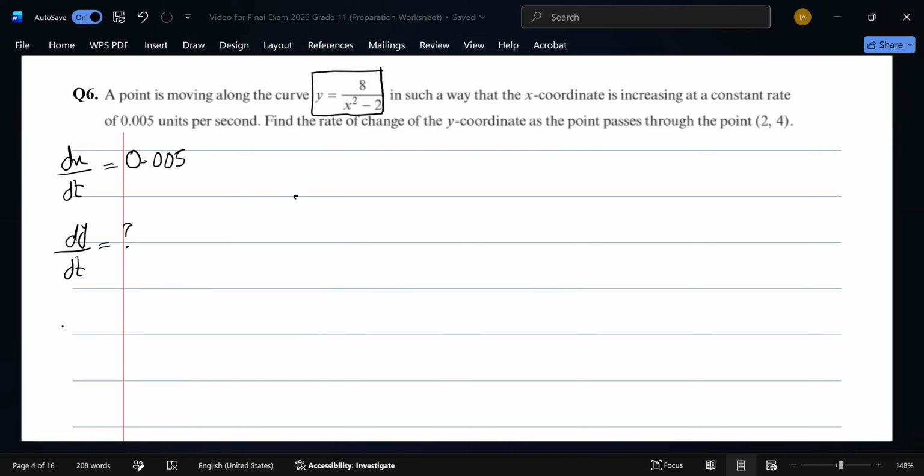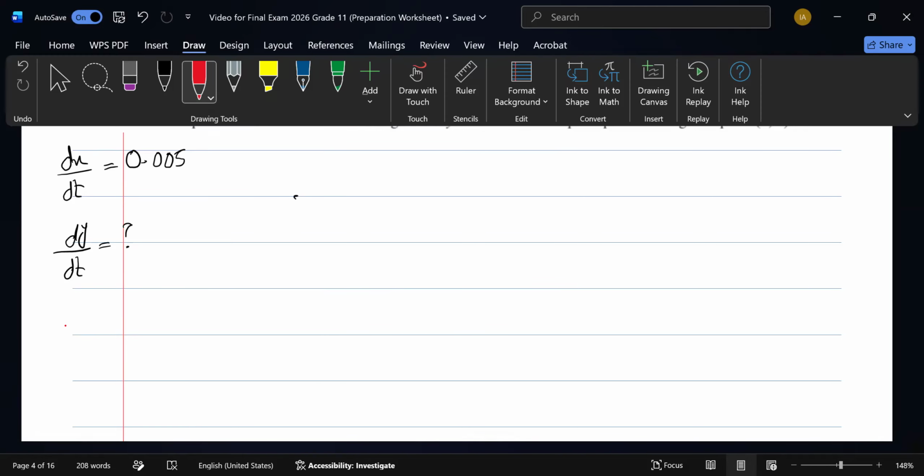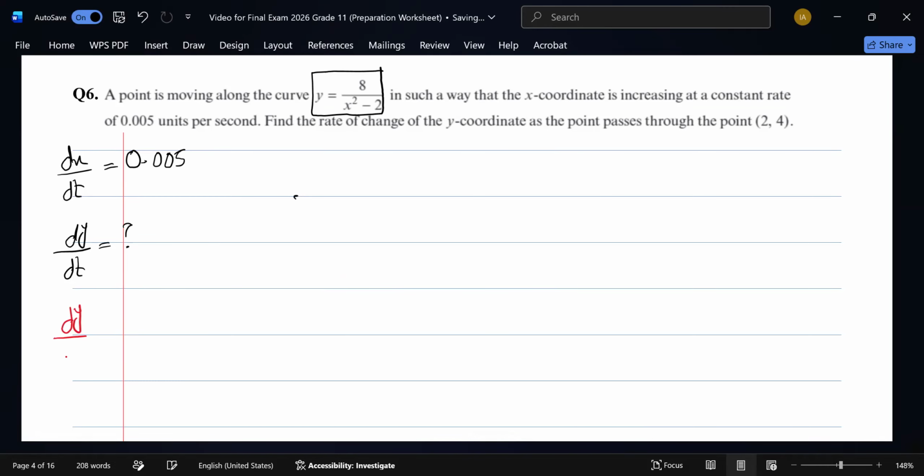Let's recite what the chain rule says. Chain rule says dy over dt is equal to dy over dx multiplied by dx over dt. If you look at this chain rule, dx upon dt is given. We are looking for dy upon dt.